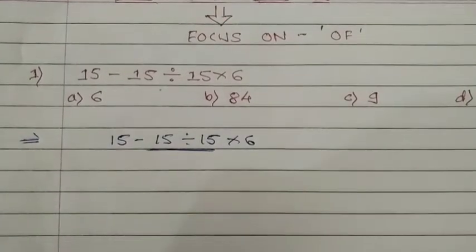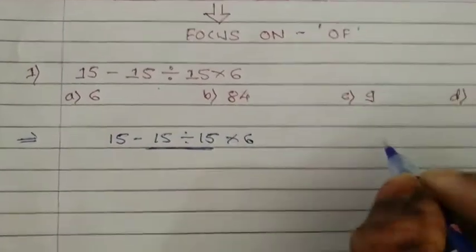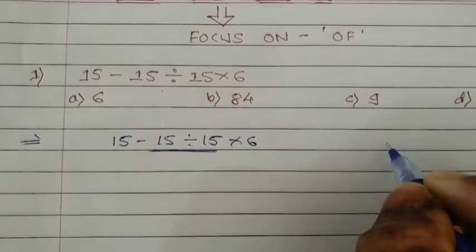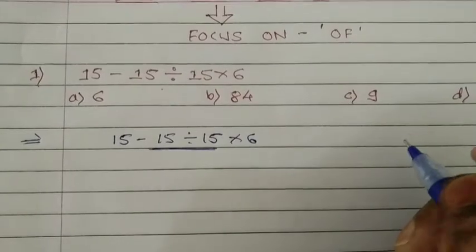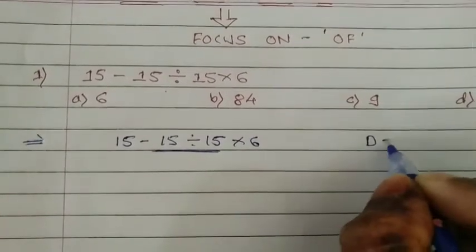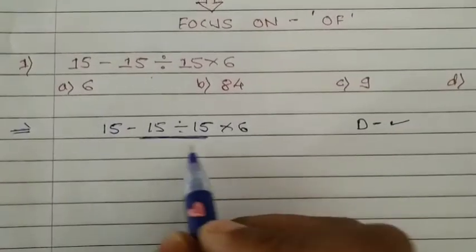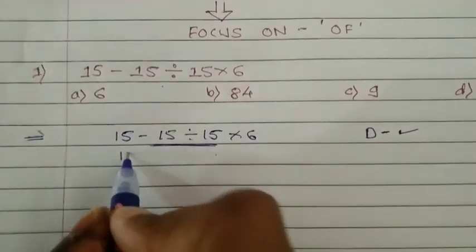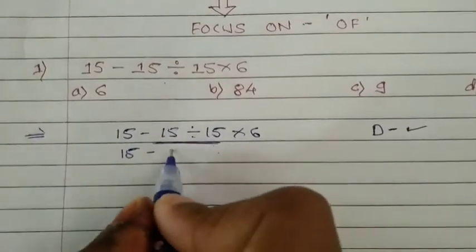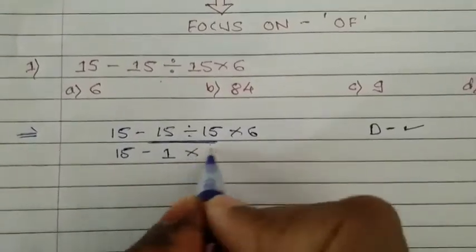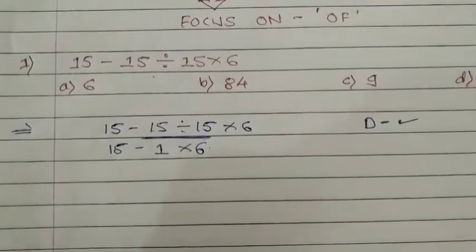Firstly bracket is here, no. Of is here, no. Then division. So 15 divided by 15, how much? 1 into 6. Right. Division.